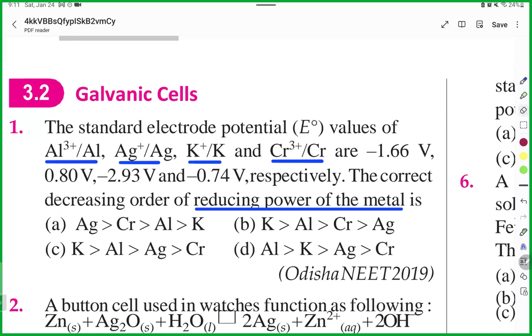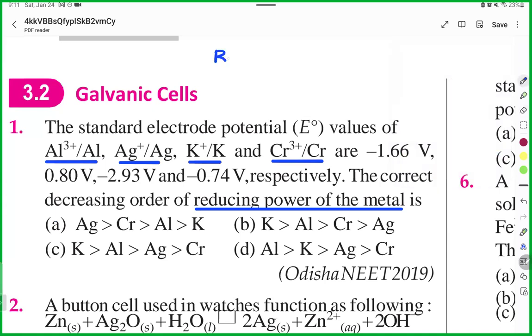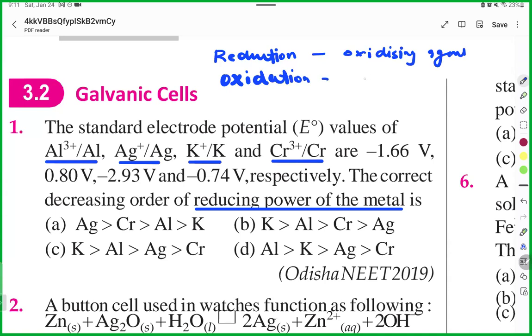Reducing power, not reduction. Any element that undergoes reduction is a very good oxidizing agent. And in the same way, if any element undergoes oxidation, then it is a reducing agent. It is not asking reduction but reducing agent. So it is asking which element will undergo oxidation. So B is correct, Chandana.